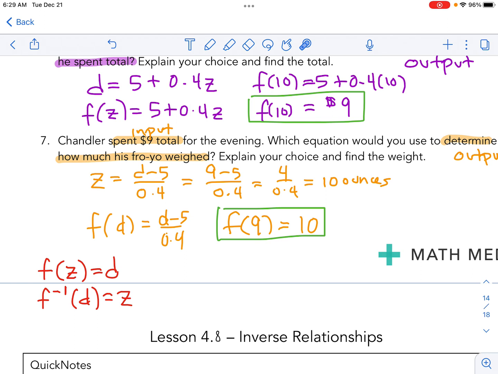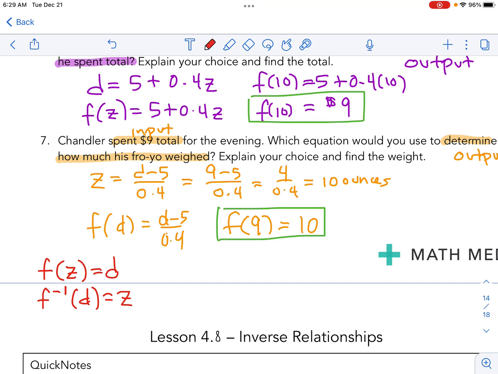And so if we look at this from a composite standpoint, remember the last section was dealing with composites. If I make a composite with this function and its inverse, then the cool thing is it gets back what we started.